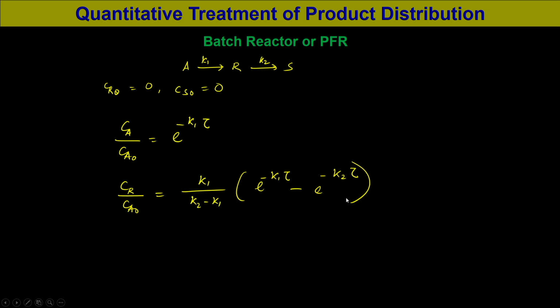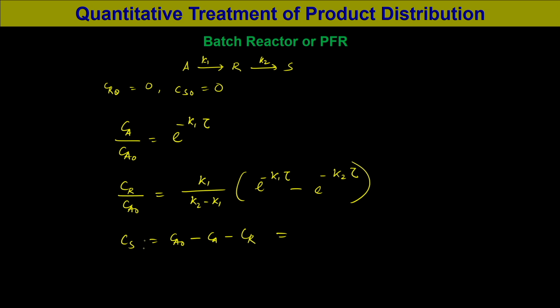And for the final product S, we can obtain Cs is equal to Ca naught minus Ca minus Cr.